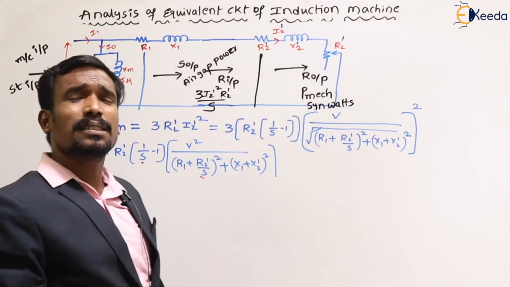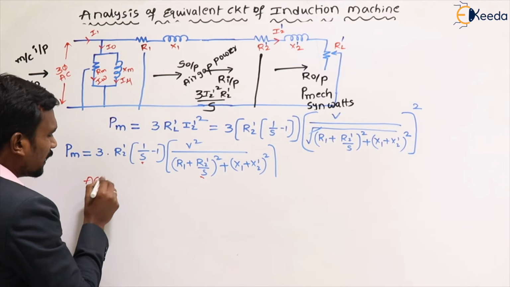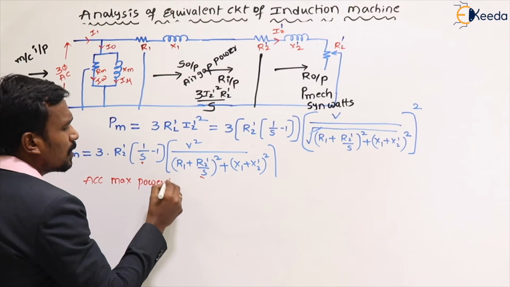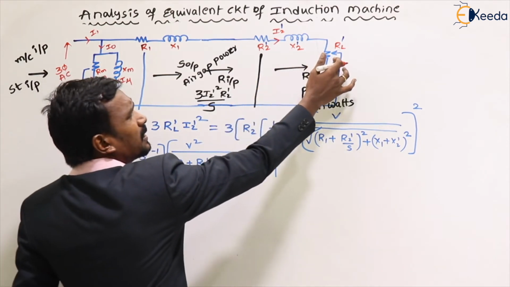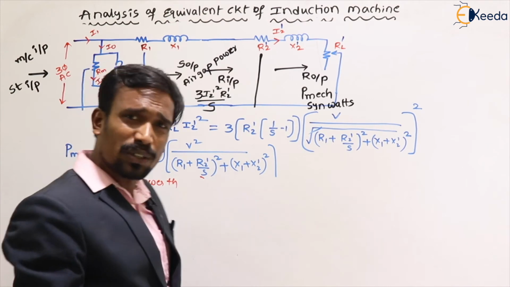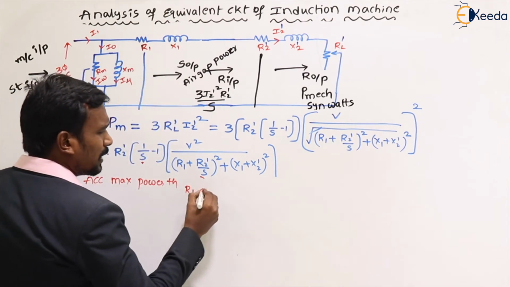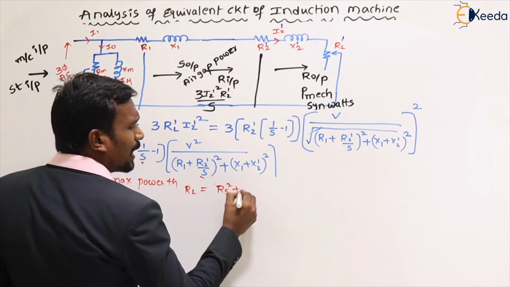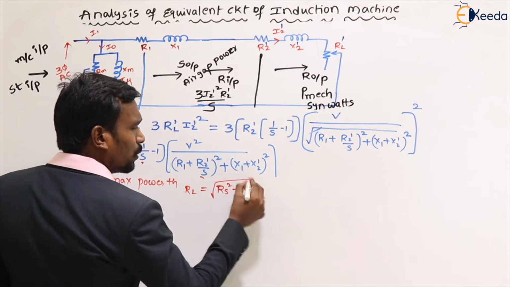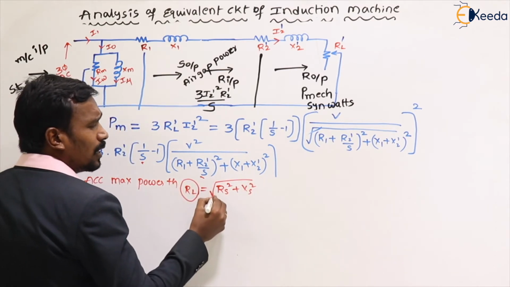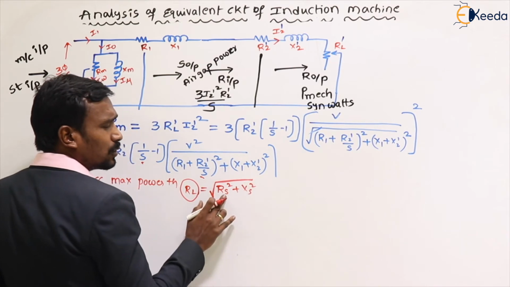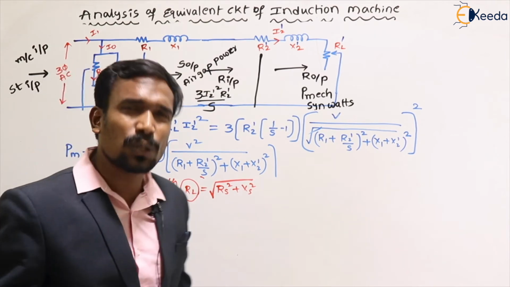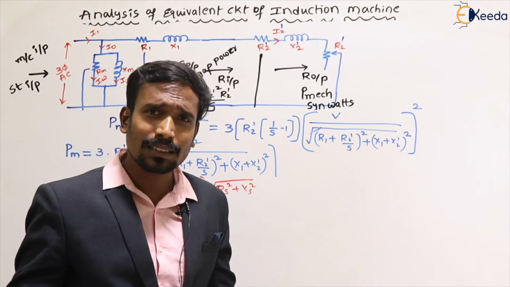According to the maximum power theorem, if the load resistance is equal to the magnitude of the source impedance, that is the square root of Rs square plus Xs square, then we will get maximum power in the circuit. Yes or no, guys?